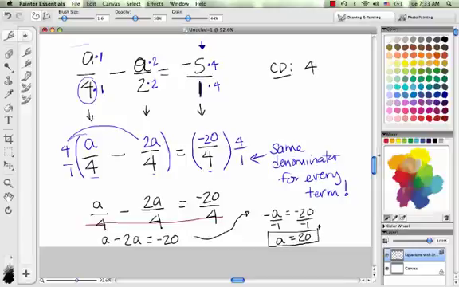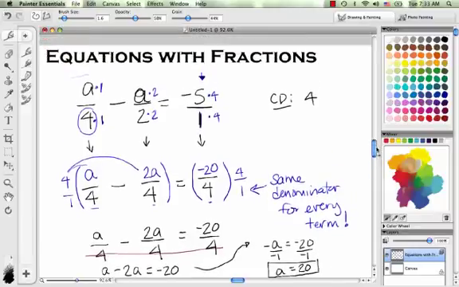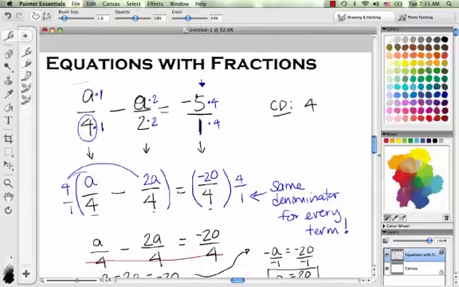Remember, to start, we turned every single term into a fraction. Next, we came down and rewrote each fraction with just its new common denominator after we had identified the common denominator.